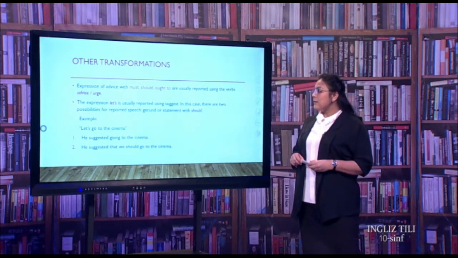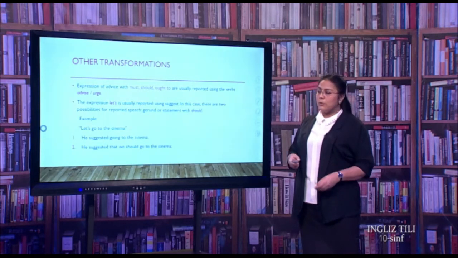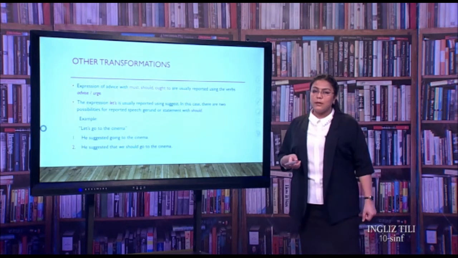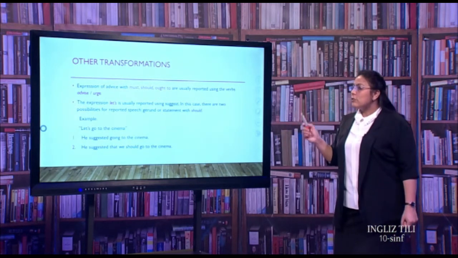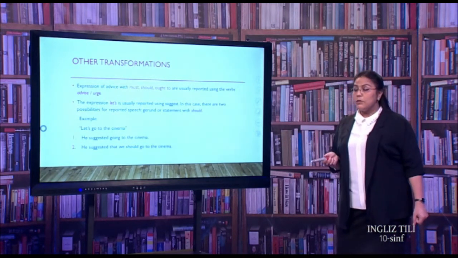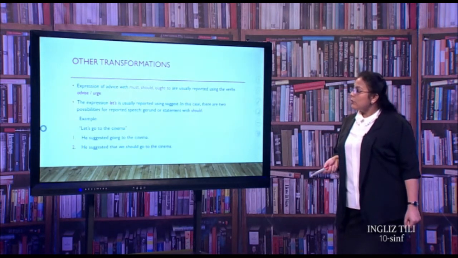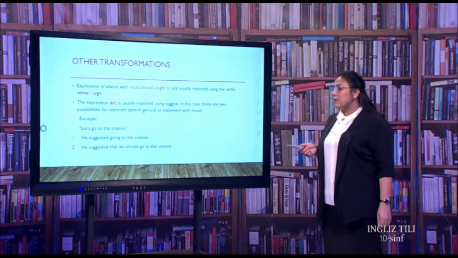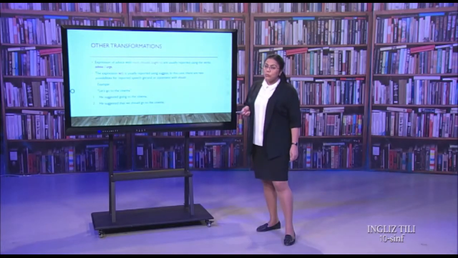In this case, there are two possibilities for reported speech, gerund or statement with should. For example, if we say, let's go to the cinema, and we change it into indirect speech, we can say, he suggested going to the cinema, or he suggested that we should go to the cinema.